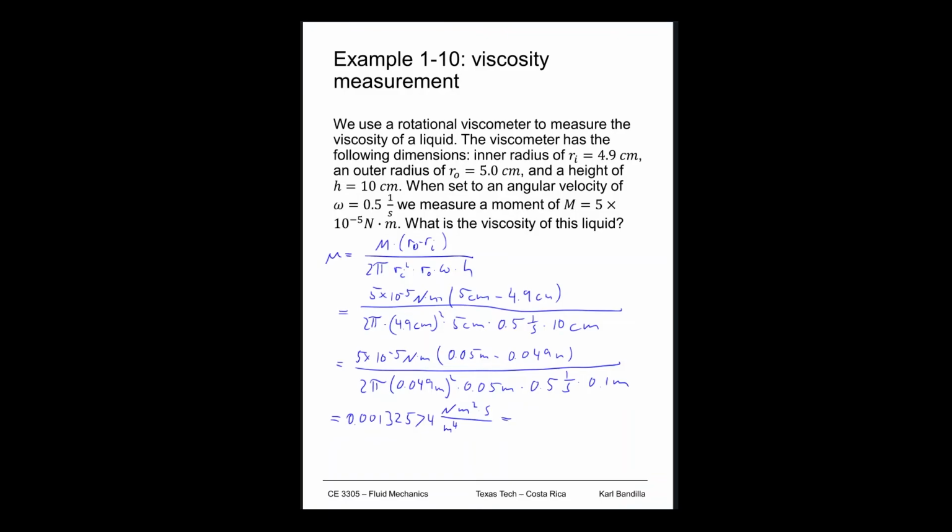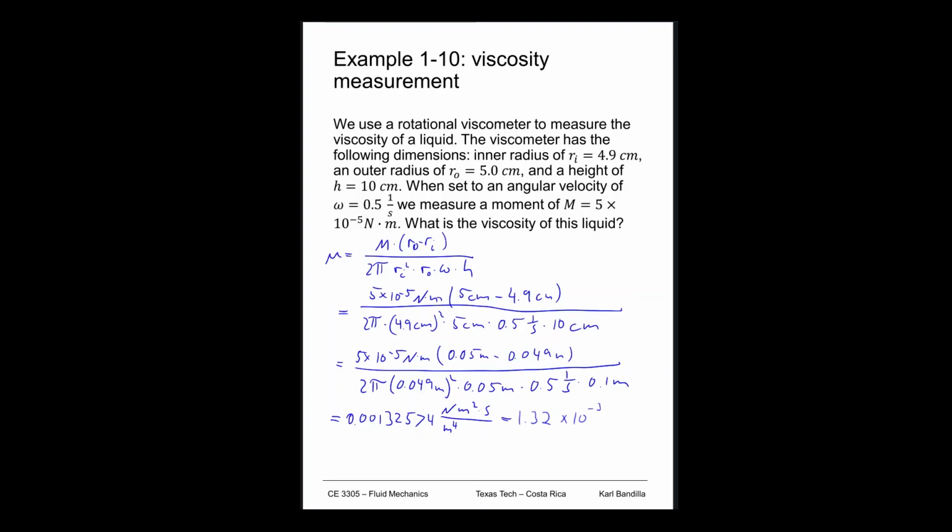So of course meters cancel out, and all of this to the front here we can say is 1.3. That's a 5, but that's even, so that stays. So 2 times 10 to the minus 3.